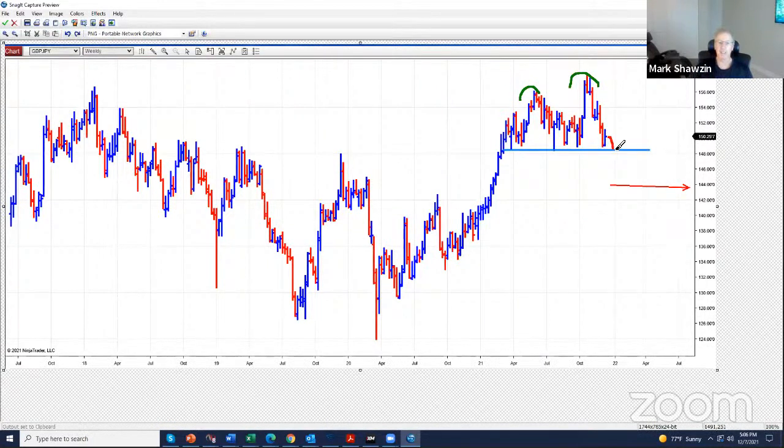But if we start seeing this thing crumbling through the support, and this all of a sudden starts confirming what I'm looking at, then the more it starts diving, if it starts diving close to my take profit, I'll move it a little bit, and a little bit more, and I won't stop it from making me profits. If it keeps going, I'll just keep moving it. So at some point it becomes a little fluid, a little dynamic, but the idea is getting in at the right place and then extracting a nice move.